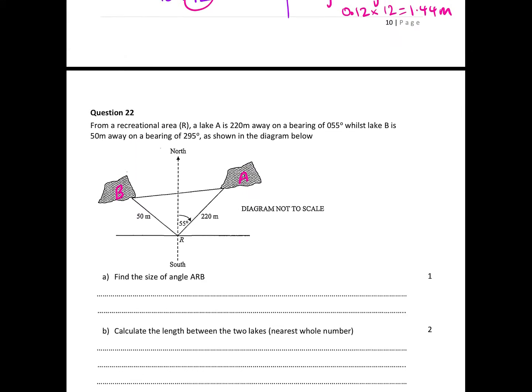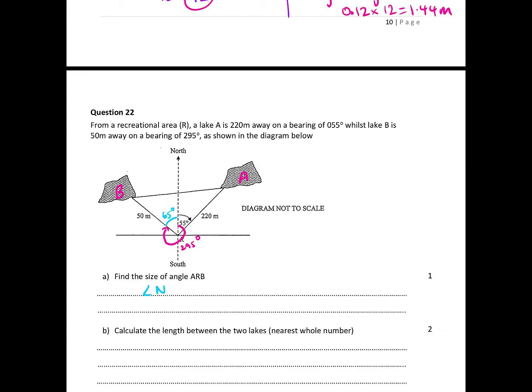I've got here the bearing is 295, so that is 295 degrees, leaving this here to be 65 degrees, because obviously a full revolution will be 360. So in this question he's asking me to find angle ARB.